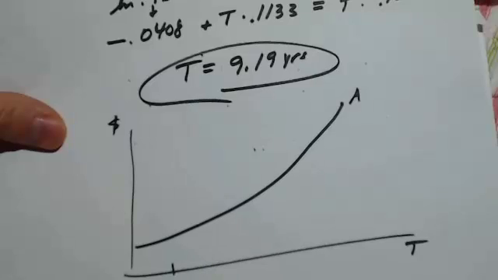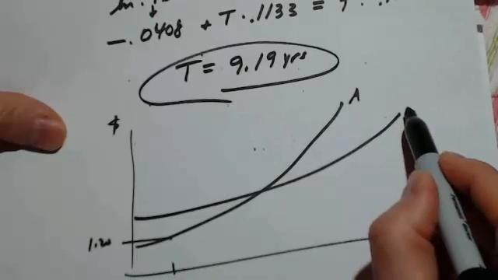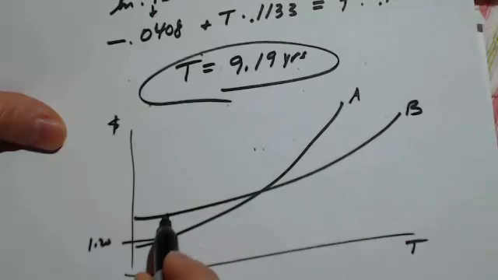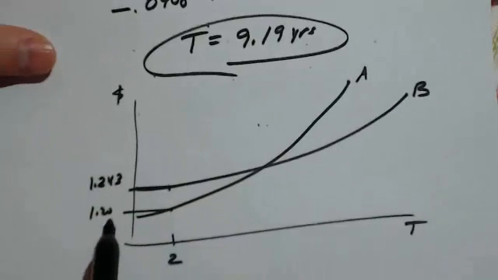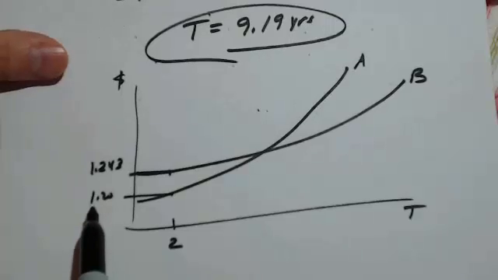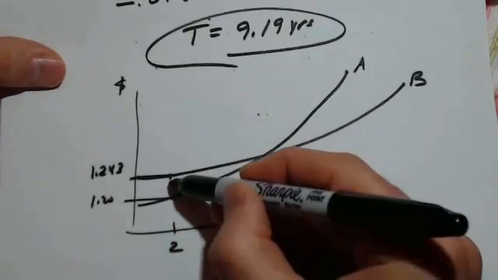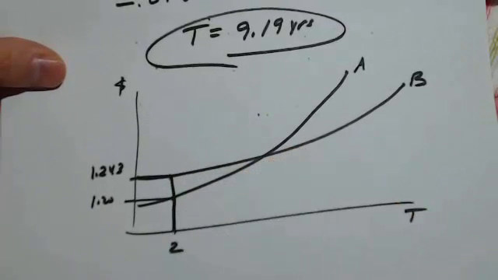So at 2 years, this was $1.20, and then for B, it's going to look like this. And at 2 years, this was $1.243. These are numbers I calculated a few minutes ago, so you can look them up in your notes. This is at the 2-year mark right here.